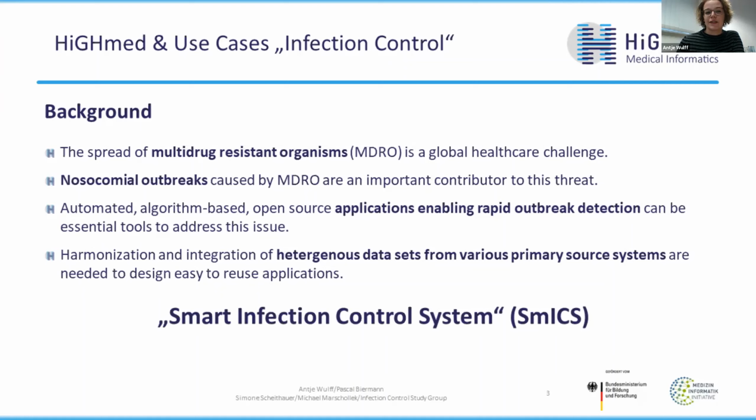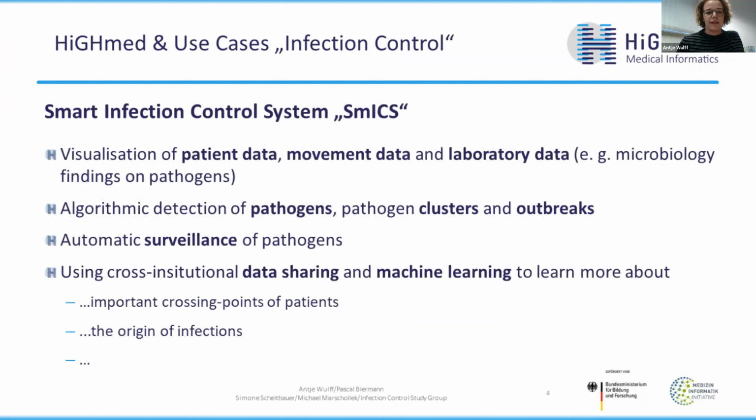So we decided to design a smart infection control system. The smart infection control system should be capable of visualizing patient data, movement data, and laboratory data, and especially in HiMAT, it's all about microbiology findings on pathogens. So, for example, MDROs. It also should be capable of detecting pathogens, but also pathogen clusters, and in the end, of course, also outbreaks.